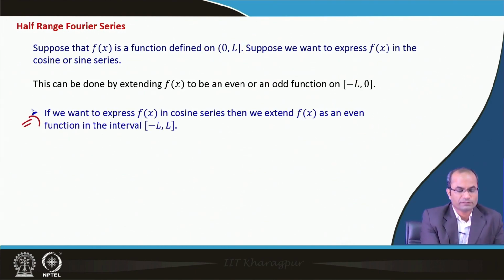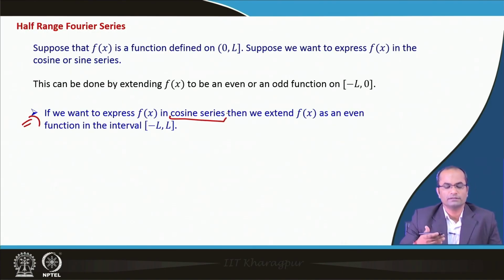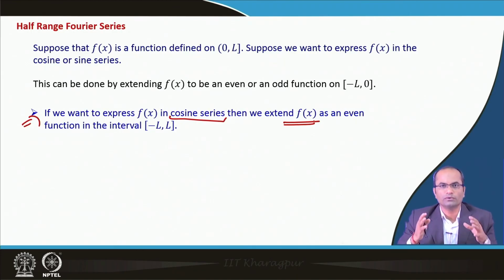So, if we want to express f x in a cosine series, then we will extend this f x as an even function in the whole interval minus L to L. The function was already defined from 0 to L, and we will now define it in the interval minus L to 0, so that the whole function in the interval minus L to L becomes an even function, and naturally we will have only the cosine series of that new function.